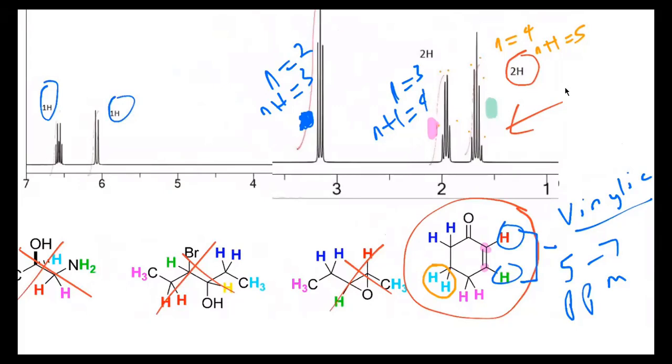Let's look at the red one first. What do you think that red proton is going to be split into? How many neighbors does it have? 1. It only has 1. That's exactly right. And so it should be a doublet, right? So the red proton is going to show up here. Now I know that seems counterintuitive because it's closer to the carbonyl than the green one, but you have to think in terms of 3D.